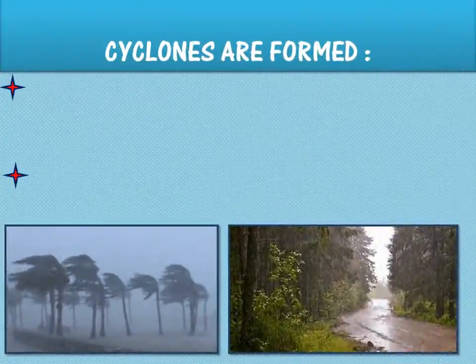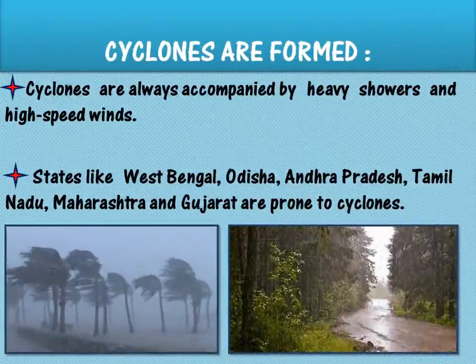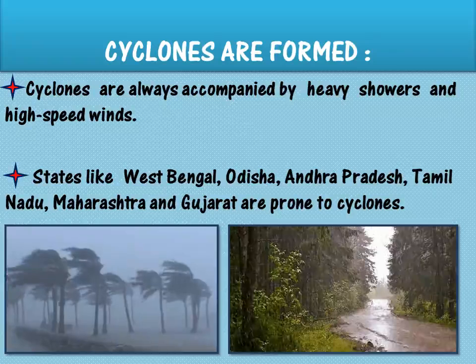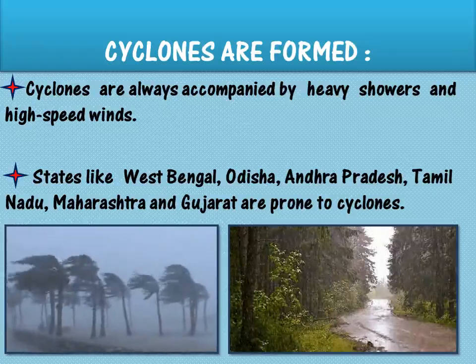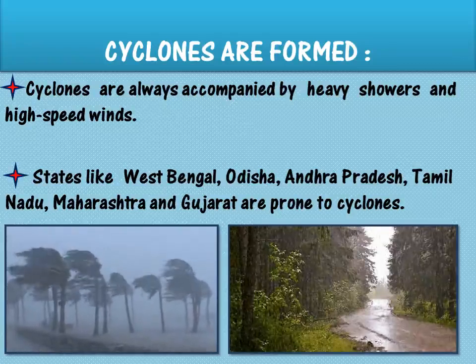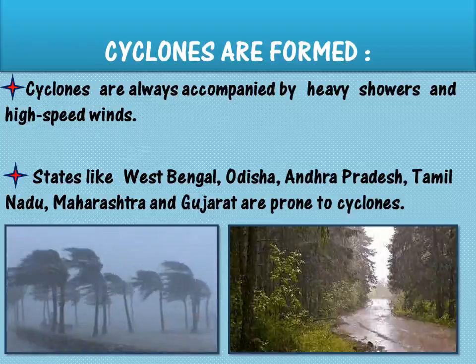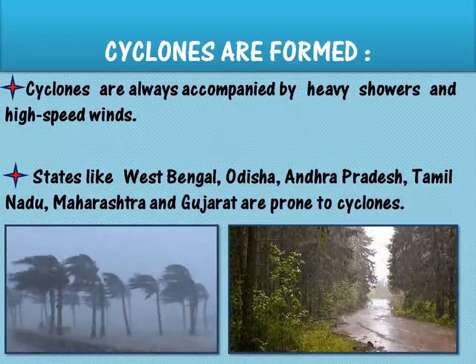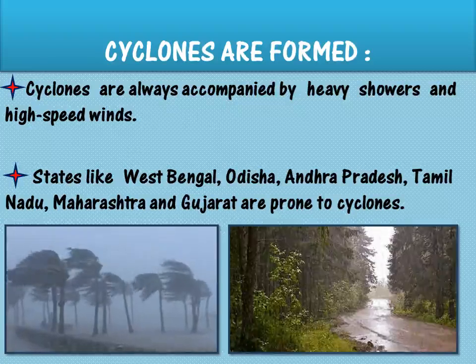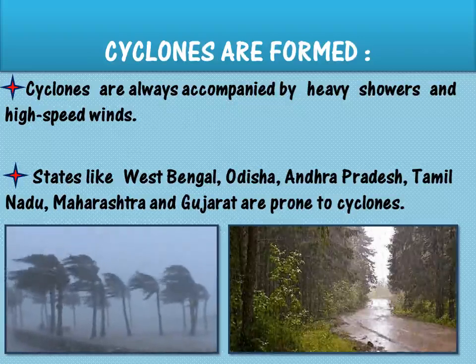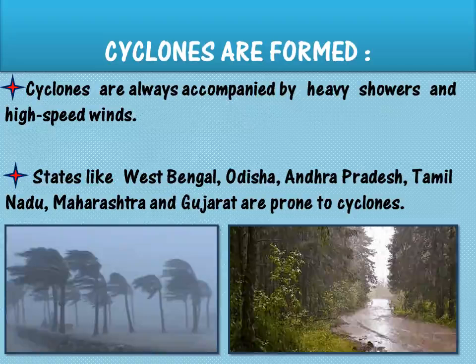Now, after knowing about cyclones, we will learn how these cyclones form. These cyclones are actually strong winds or storms which are formed above the surface of the oceans or seas. As these storms rotate faster and faster, an eye forms in the center with very low air pressure.